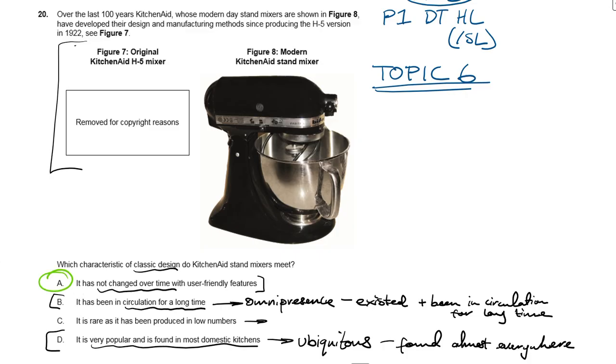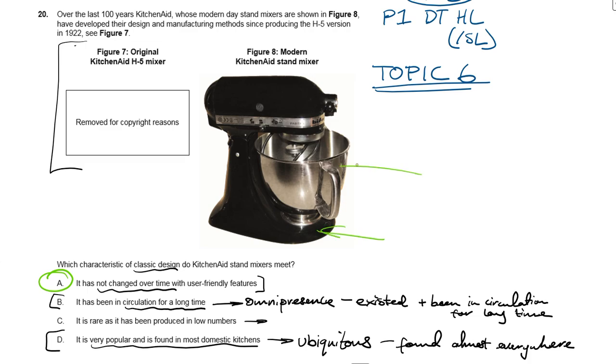A is our answer. Looking at both images, despite the size and maybe the shape slightly, everything else is pretty much the same, right? We have the same color. It looks almost identical. We have the same matte finish.